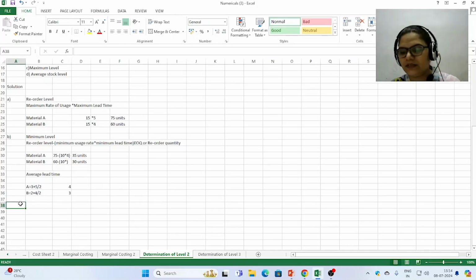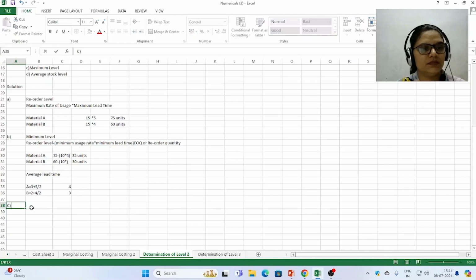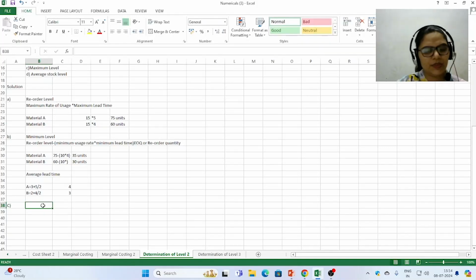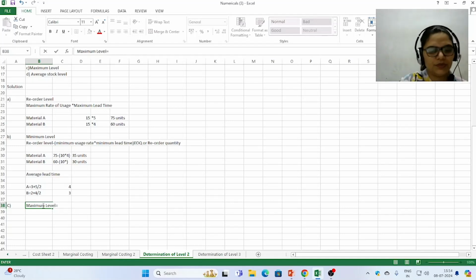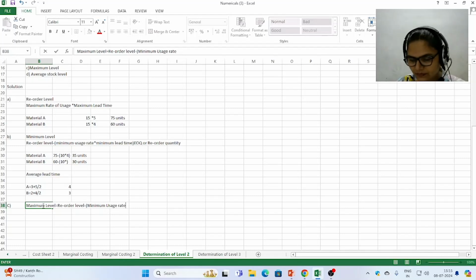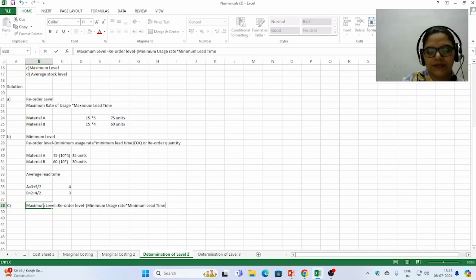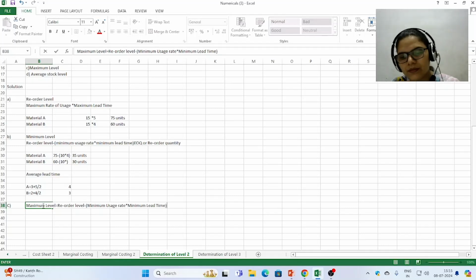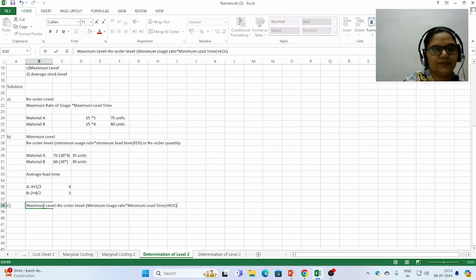Now, C is maximum level, which is equal to reorder level minus minimum usage rate into minimum lead time, plus EOQ.